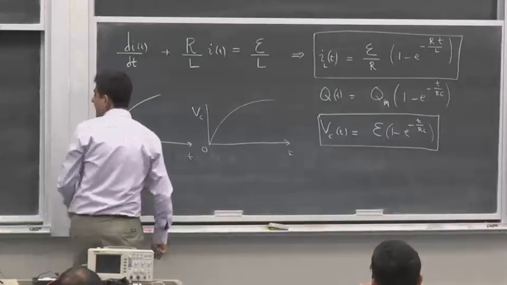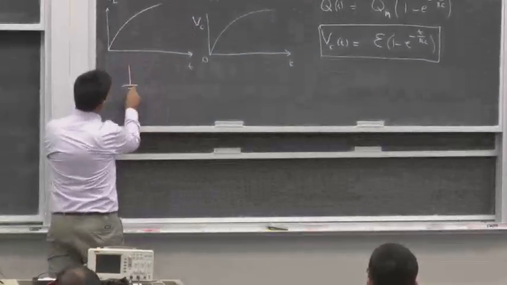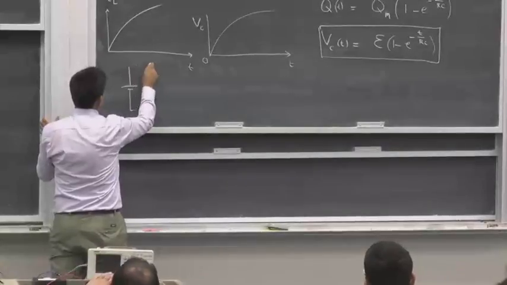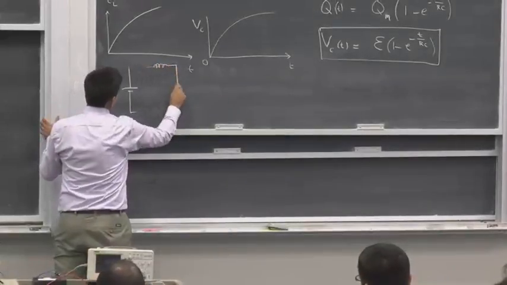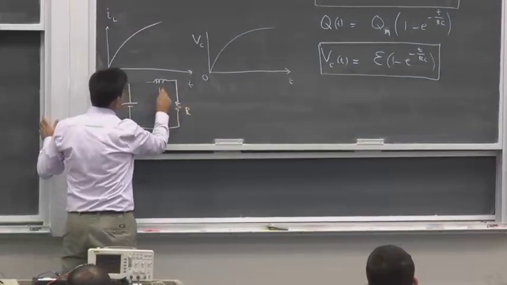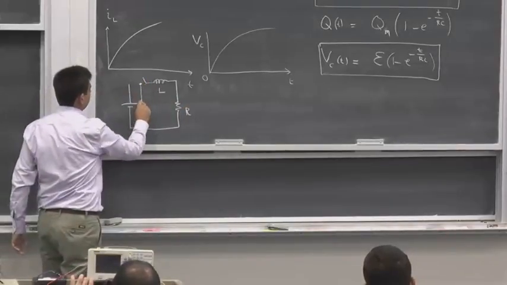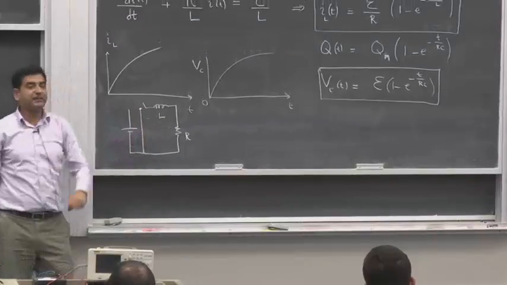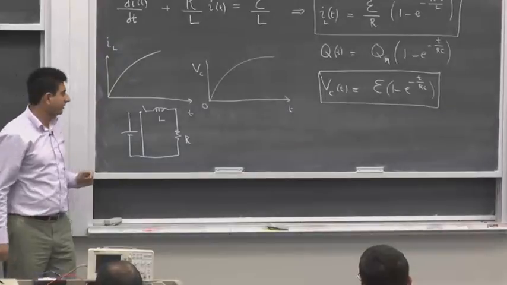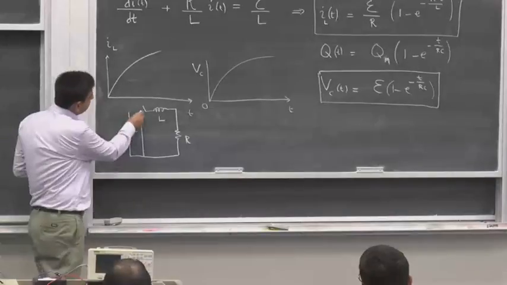Likewise, if you have the same circuit here, and then you have an inductor, and then you have a resistor, or an L. So an EMF has been developed across this inductor, or it hasn't been developed, and there's a switch here.